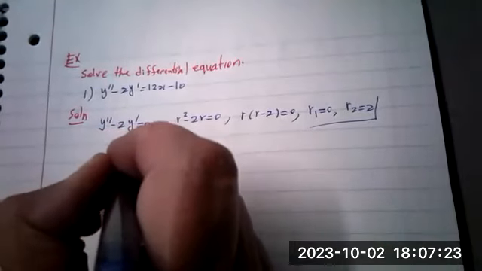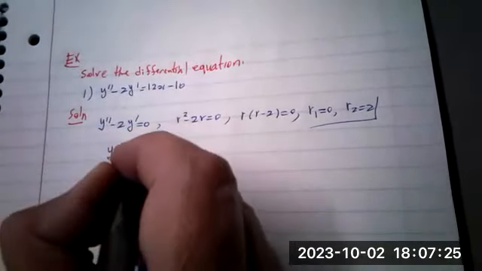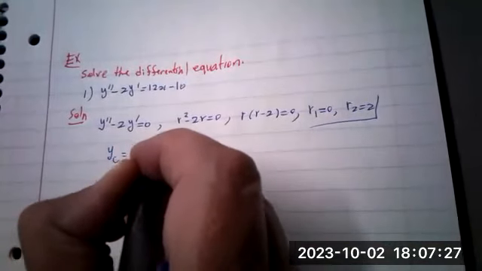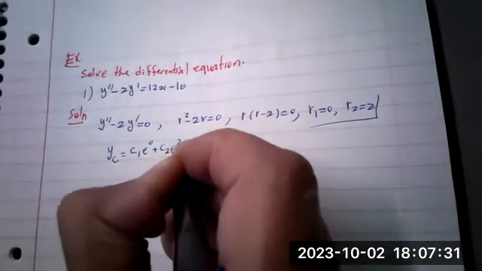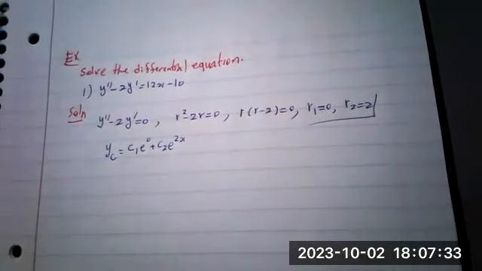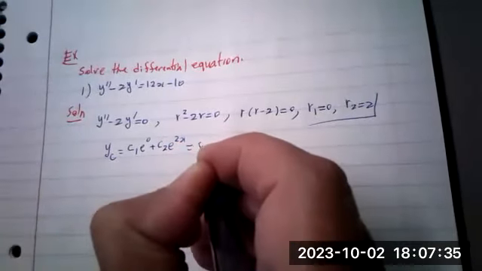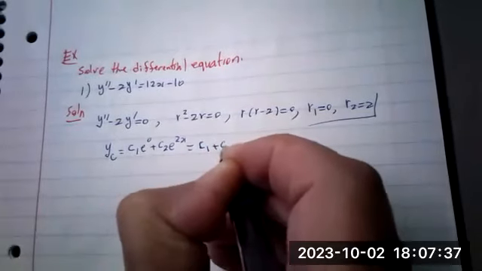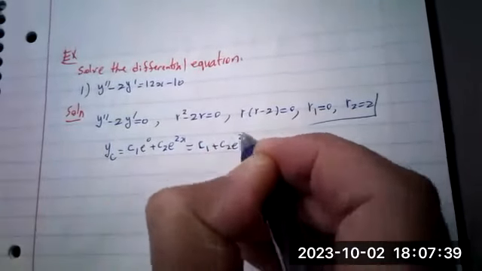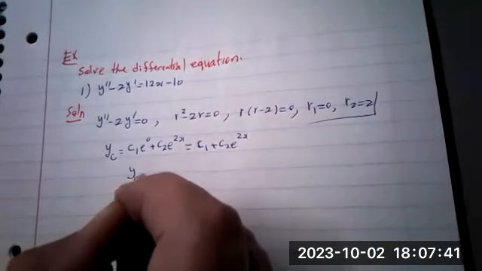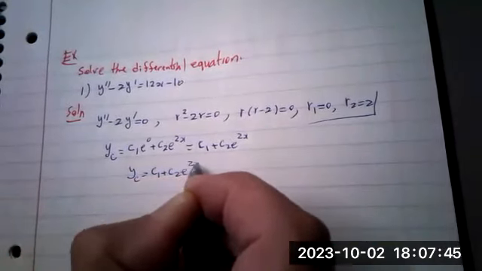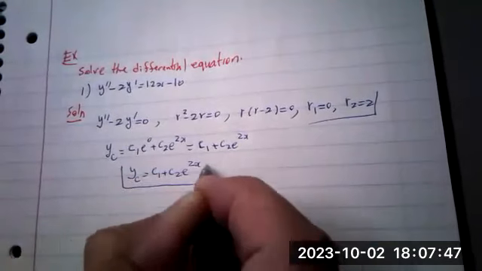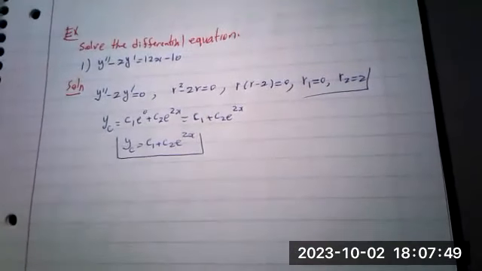So yc is going to be c1 e to the 0 plus c2 e to the 2x. e to the 0 would be 1, so that gives you c1 plus c2 e to the 2x. This is going to be yc, the solution of the so-called complementary equation. That's part one. Any question?